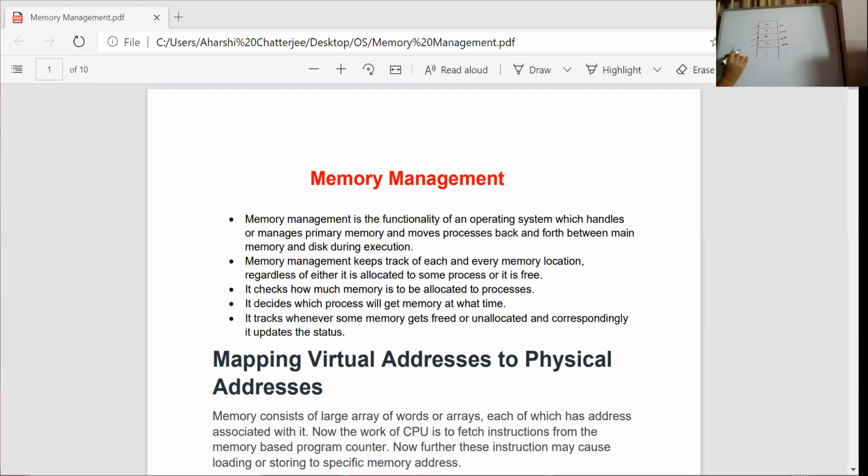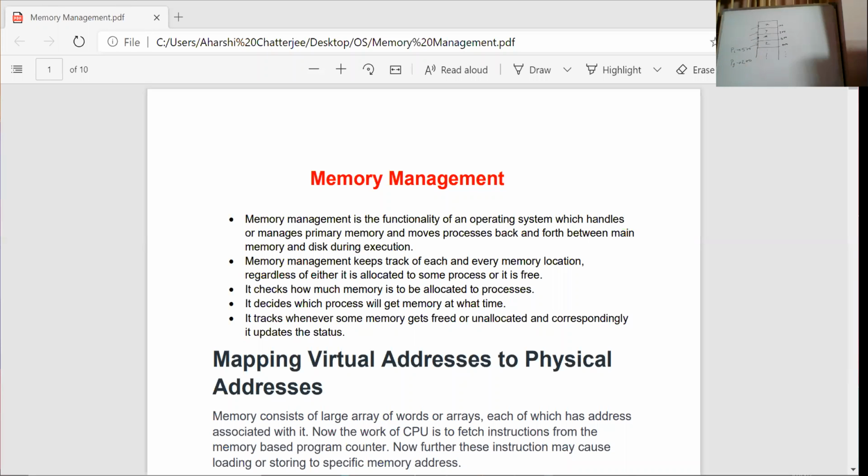Suppose the size of process Pi is 500, and the size of process Pj is 200. Now the operating system has to get a vacant position where it can place this process.